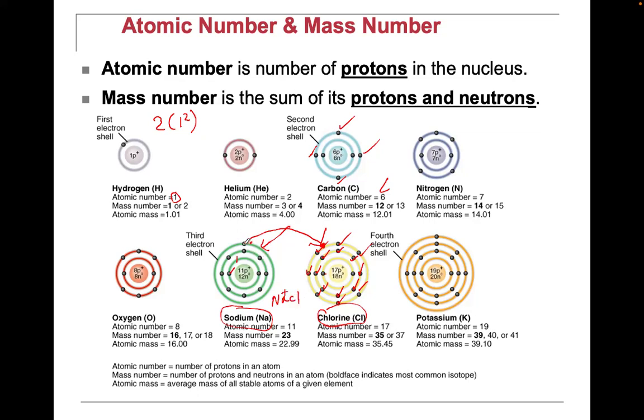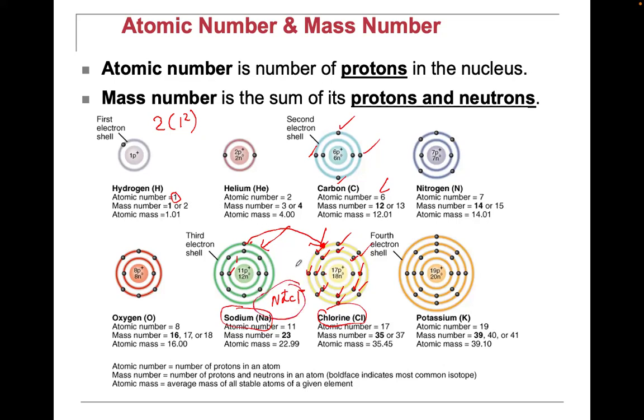Since we lost this electron, sodium becomes more positive because it's losing an electron. And since chlorine gained an electron, it becomes more negative. So NaCl is sodium chloride, that's salt.